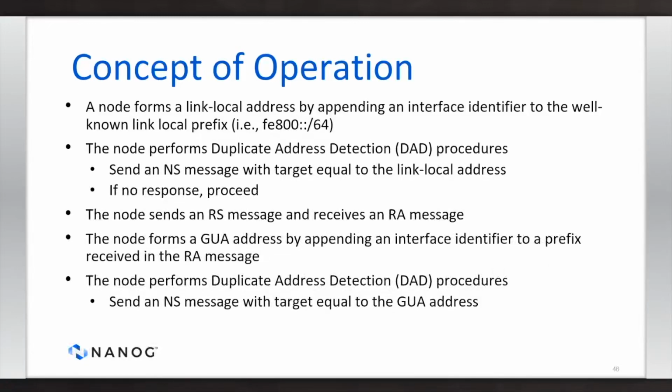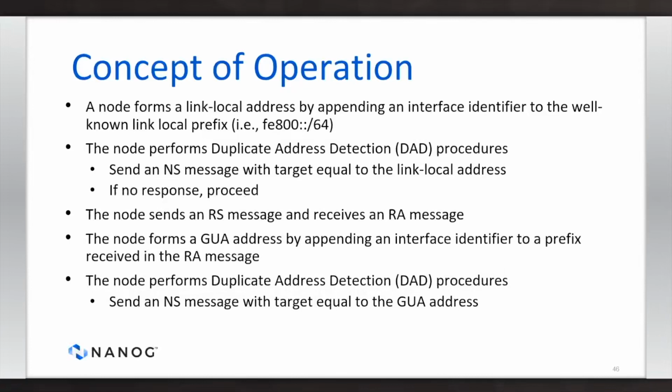Then it performs something called the duplicate address detection procedure. It sends an NS message with the target equal to the link local address that it just picked. So what it's doing is saying, is there anybody else on this LAN segment who's got the address that I've just picked?